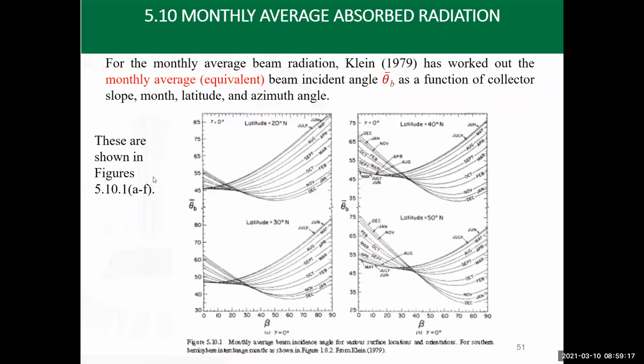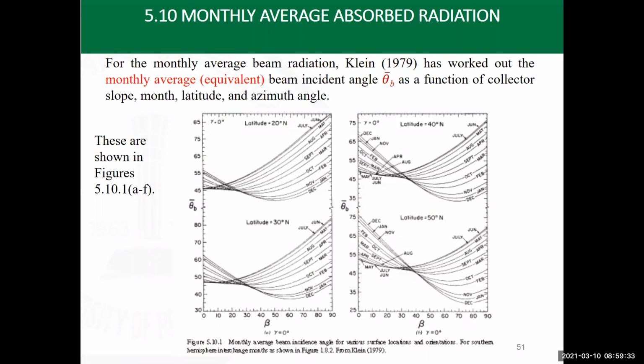What you see here is the value of the average beam radiation that Klein has proposed for monthly equivalent values. What we see here is part of the figures.